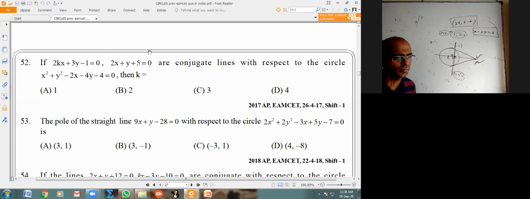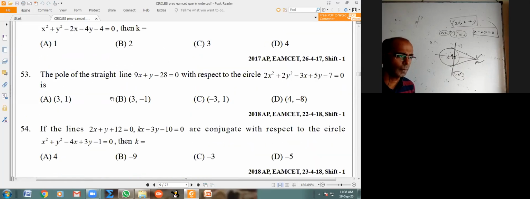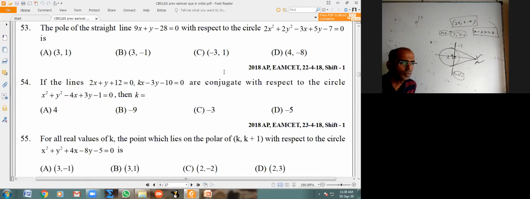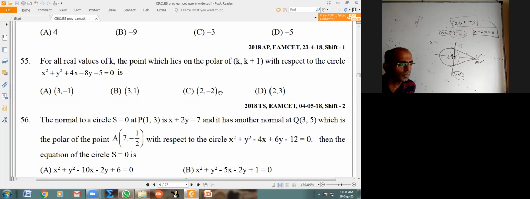For the second line, you can find the pole and then substitute that pole in the first line. 53 is quite straightforward. Similarly, conjugate lines. 55 is quite similar to what I discussed just now about the T and that thing.